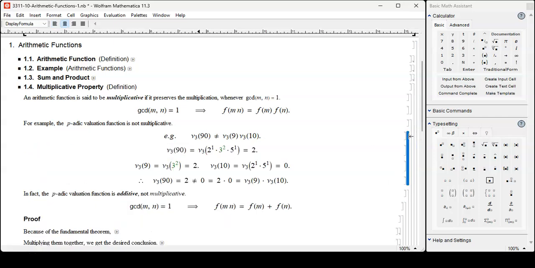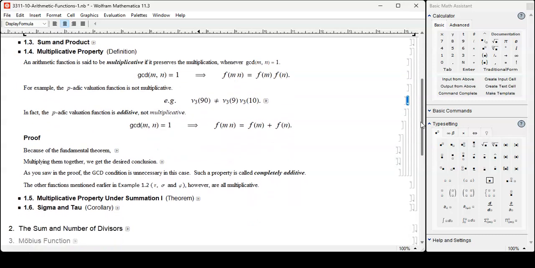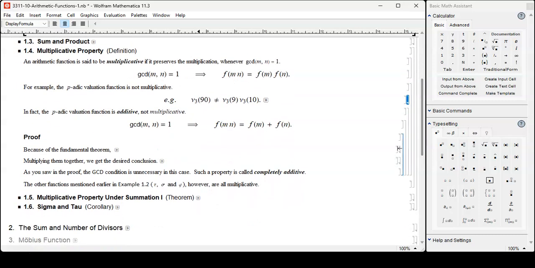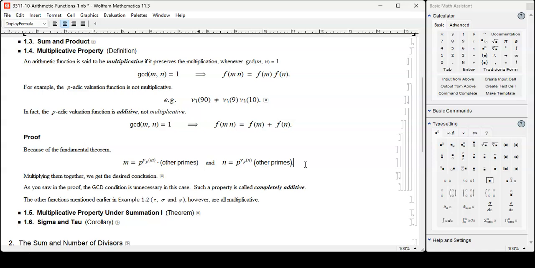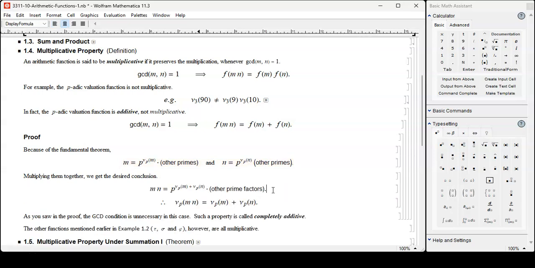And as we did in the previous problem, let's go back to the prime factorization. Thanks to the fundamental theorem, we can rewrite m and n as p to whatever power times other primes, and also p to whatever power times other primes, appropriate for m and n. And then if we multiply them together, what do you get?